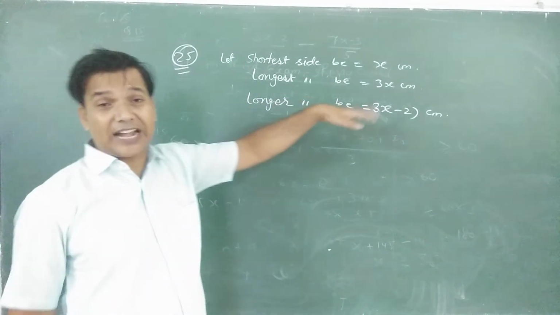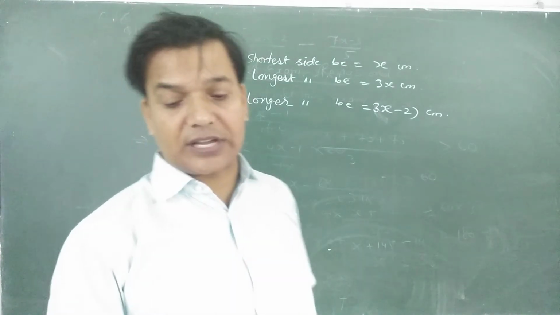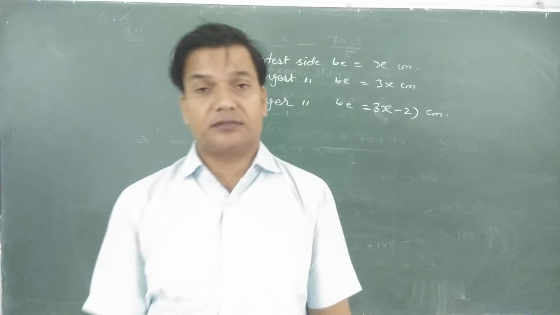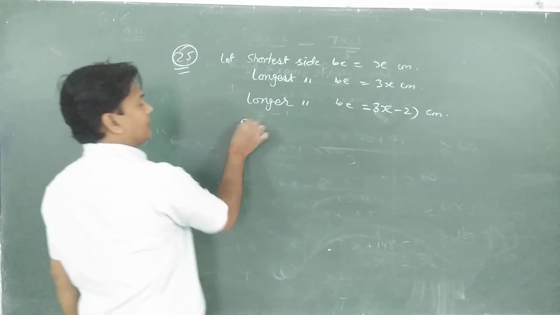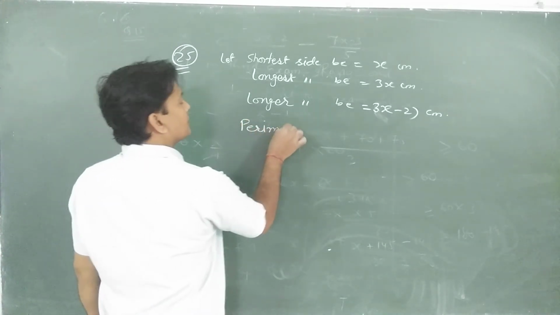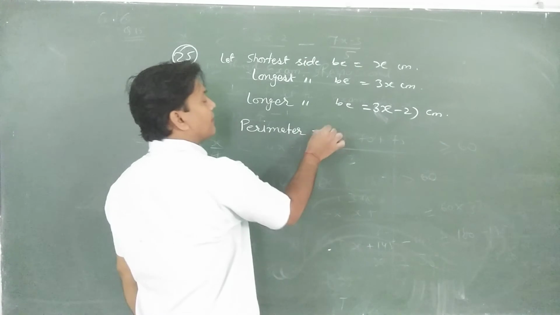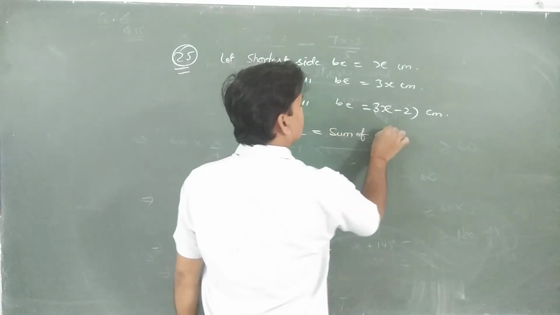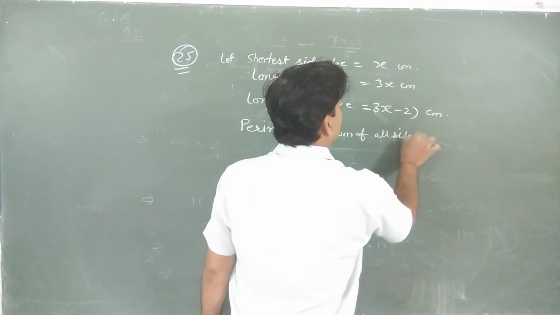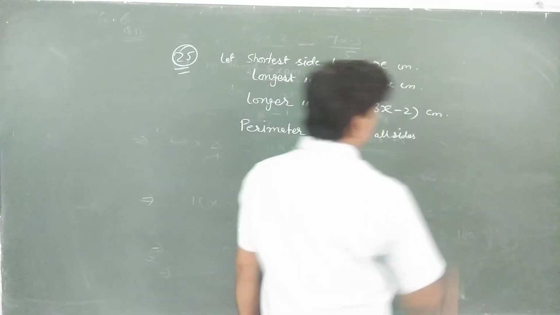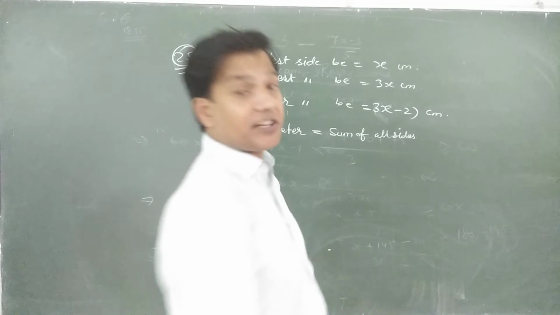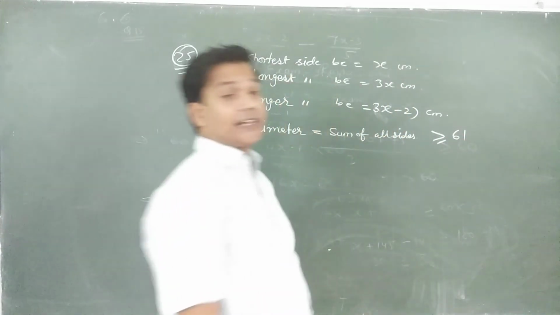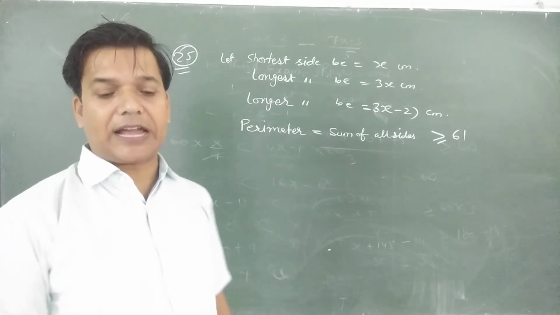So now what is the addition of these sides? According to the question, the perimeter should be at least 61. The perimeter, as you know, is given by the sum of all the sides, and it is at least 61, which means greater than or equal to 61 we can apply here.